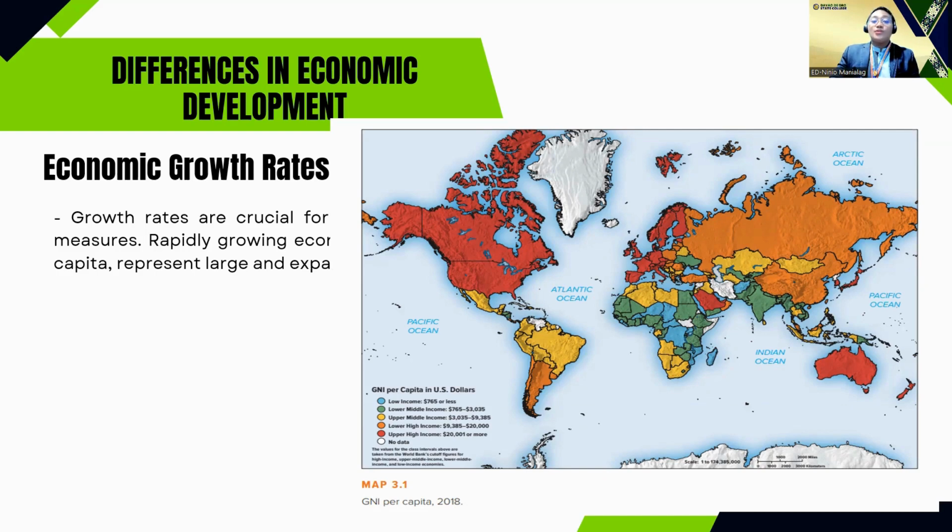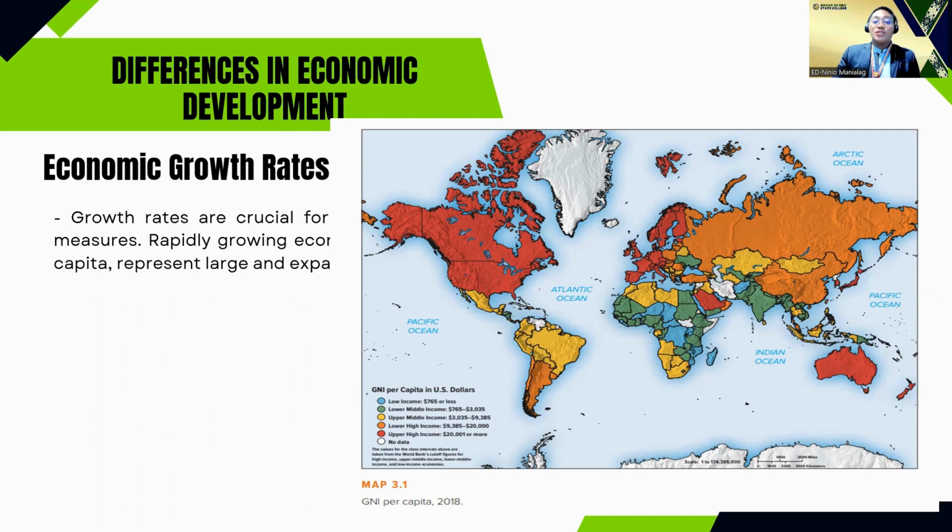The yellow shows upper middle income countries with a GNI per capita between 3,035 and $9,385. This category includes nations that have achieved a level of economic development that allows for more substantial domestic markets and better living conditions than lower income countries.